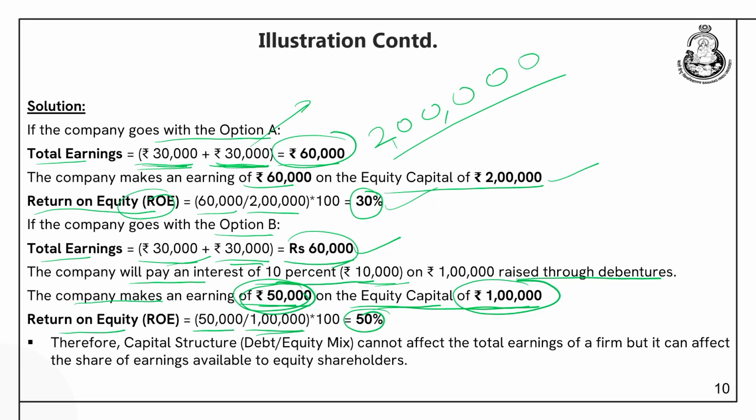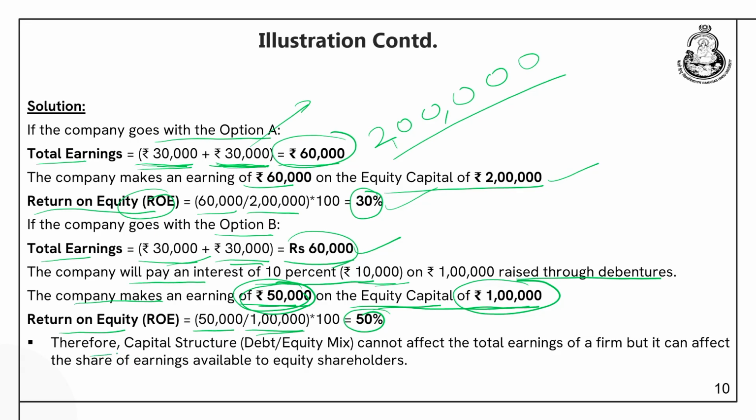Debt capital will not be considered as equity capital. You need to understand this. The company still has only 1 lakh of equity capital. The other 1 lakh was through debt. So, it is generating 50,000, that is a 50% return on equity capital of 1 lakh, as compared to the 30% return it had if it had gone with option A, that is another 1 lakh of equity.